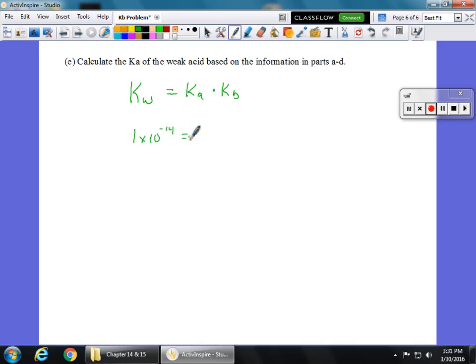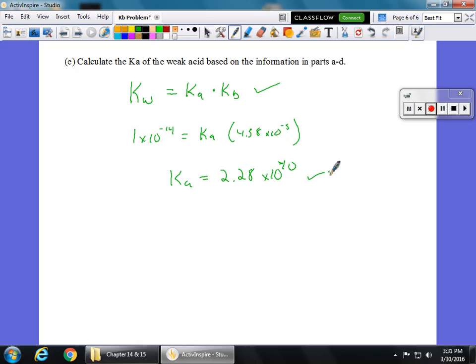We're looking for the Ka. The Kb is 4.38 times 10 to the negative 5th. So we're going to divide, and that should give you a Ka of 2.28 times 10 to the negative 10. I'd say it's probably 2 points for this one, knowing this relationship, number 1, and correctly substituting and solving and getting the correct answer.